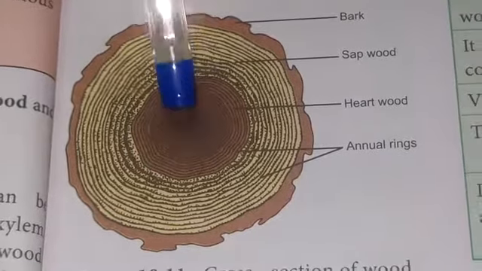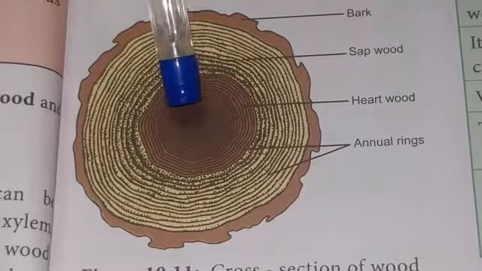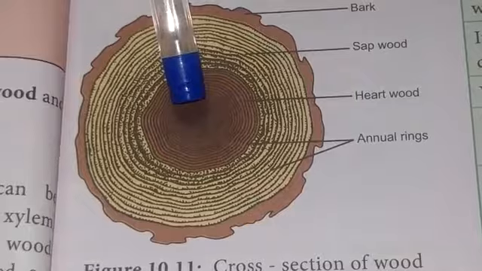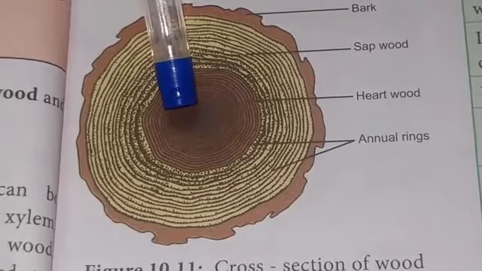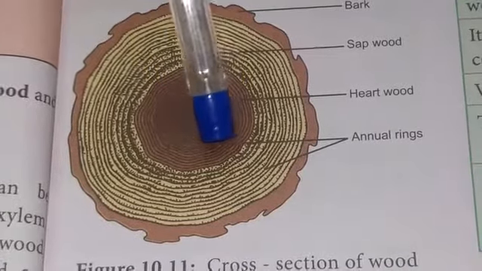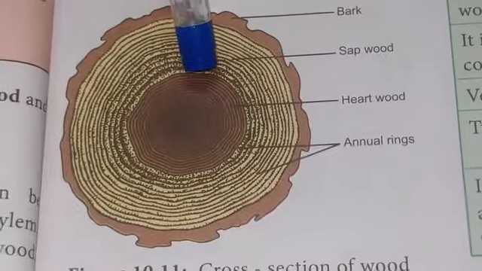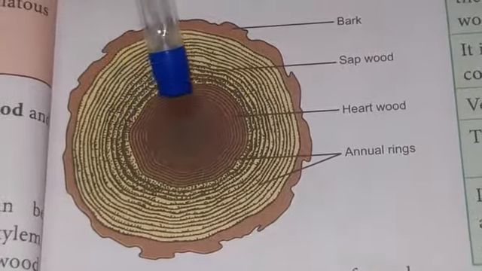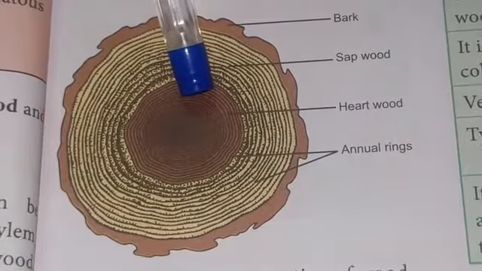Due to the presence of tyloses and their contents, the heartwood becomes colored and dead, and makes the hard part of the wood. Due to lack of water conduction, they are darker in color and very hard in nature.